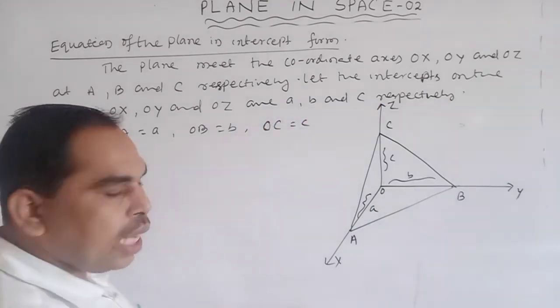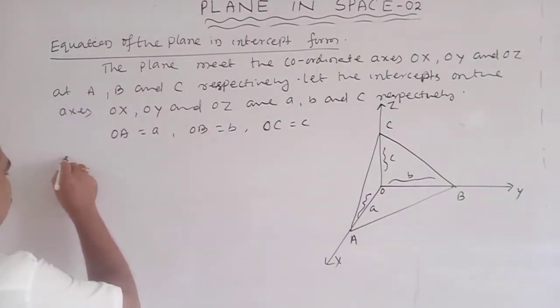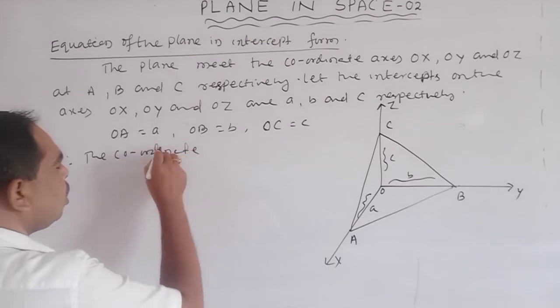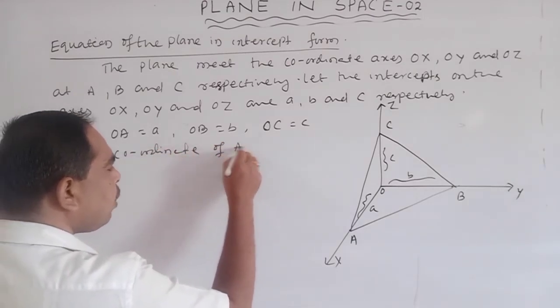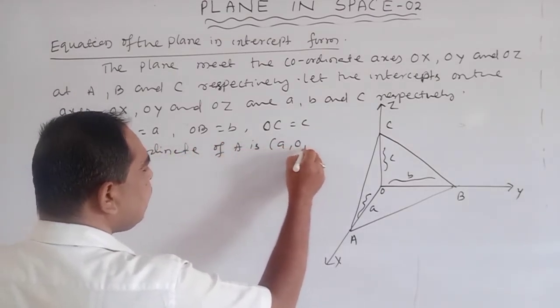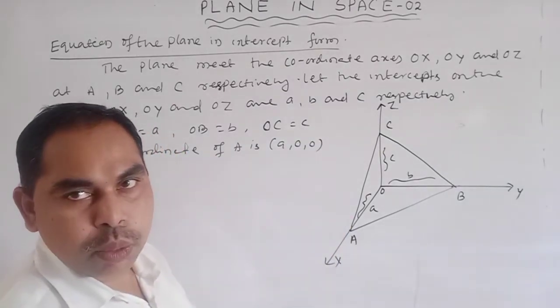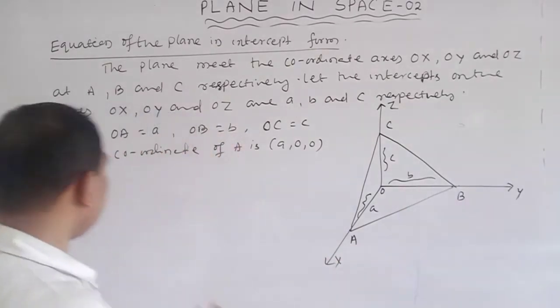Therefore, the coordinate of capital A is (a, 0, 0), because A lies on the x axis: on the x axis the y coordinate is 0 and the z coordinate is 0.